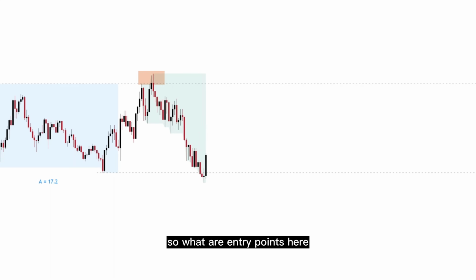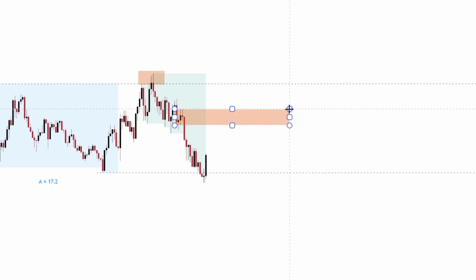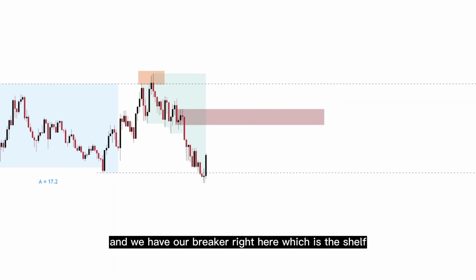So what are our entry points here? We have an OB right here. And we have our breaker right here, which is the shelf.